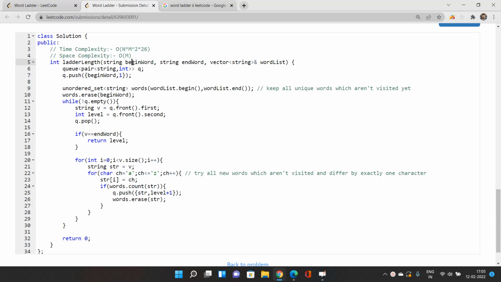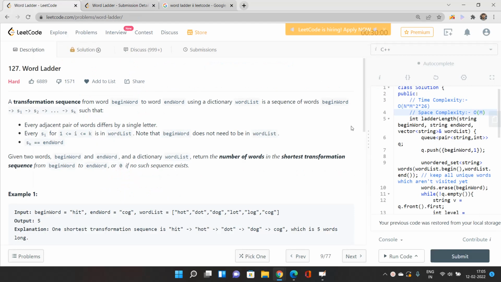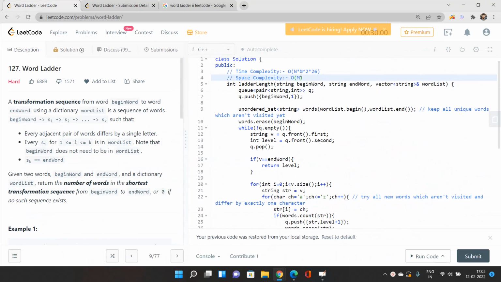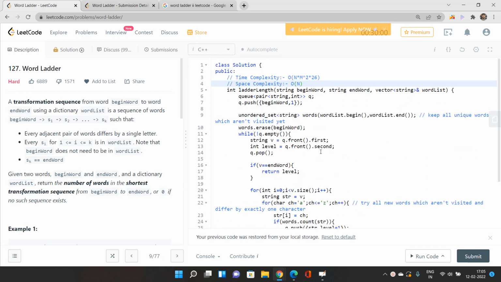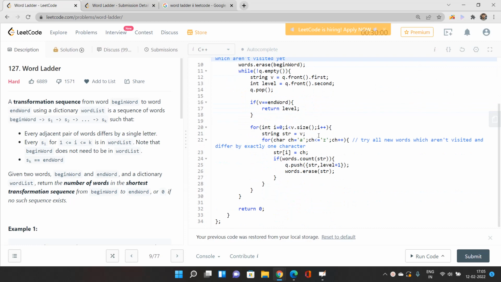The space complexity will not be O of m, it will be O of n. N is nothing but the vector of strings of the word list. Let me correct it over here: it is actually O of n. So this will be our space complexity, and the time complexity is O of n m squared into 26.